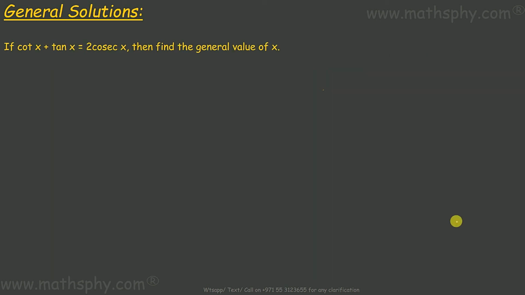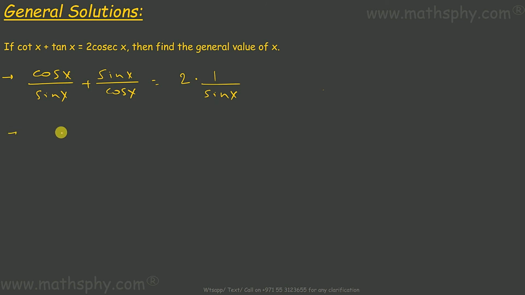Alright. Now this one here says cot x plus tan x equals 2 cosec x. Find the general value of x. Okay. Cot x can be taken as cos x over sin x, and tan x can be taken as sin x over cos x, equals 2 into cosec x, which can be 1 over sin x.